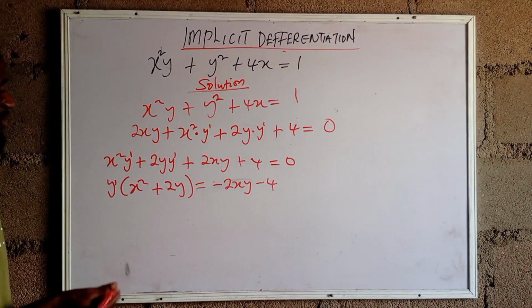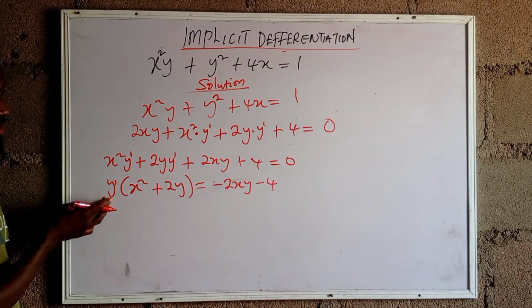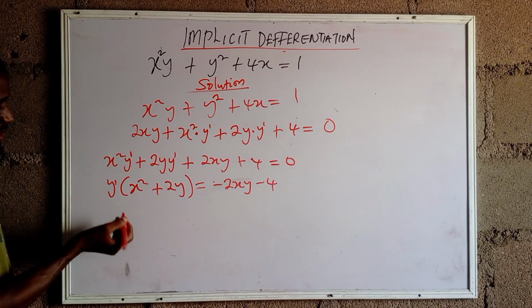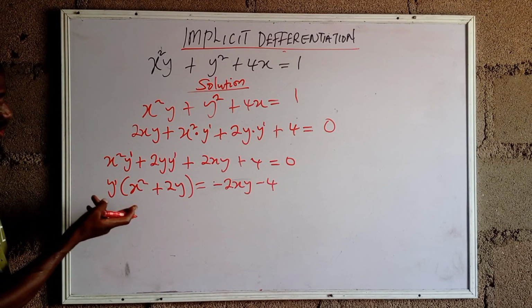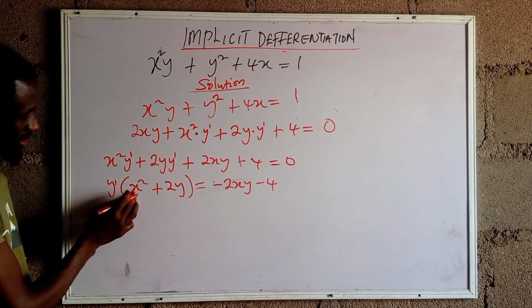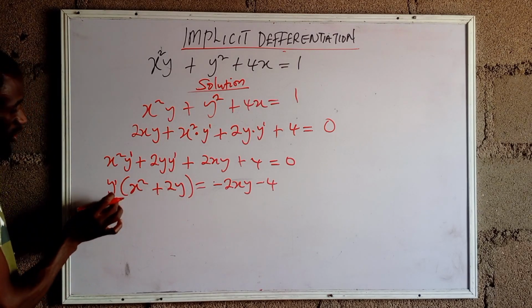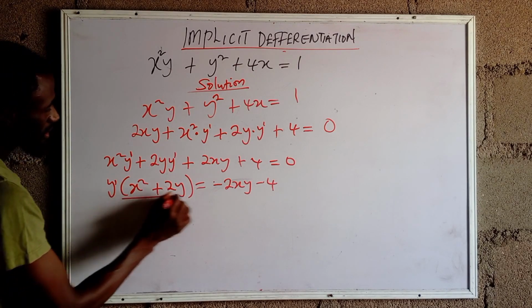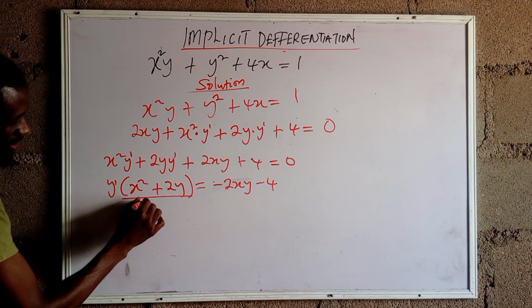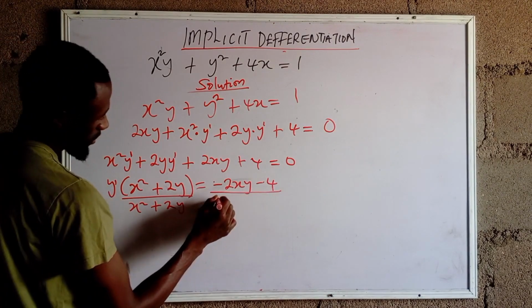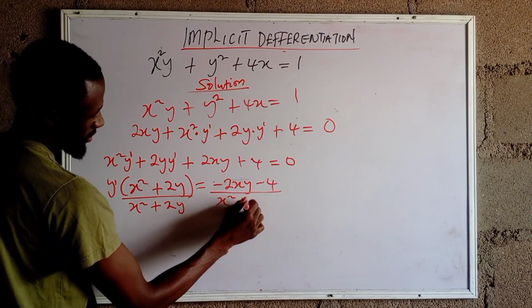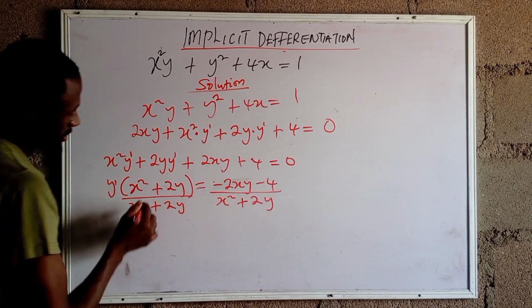Now since y prime is the same as dy over dx, let's divide both sides by the coefficient of y prime, x squared plus 2y.